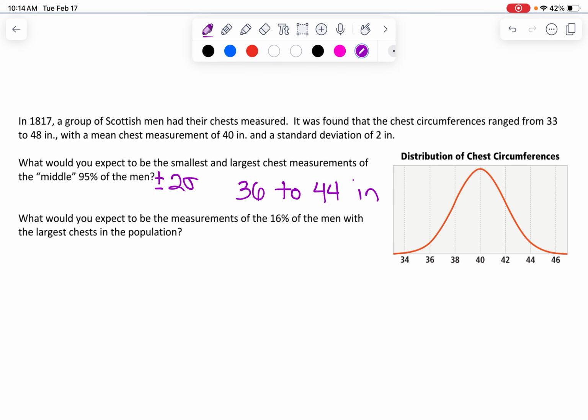All right, well, the next question says, what would you expect to be the measurements of the 16% of the men with the largest chests in the population? Well, okay, there's the very middle. So we're talking about the largest, this part right here. And we know that's 50% of the data.